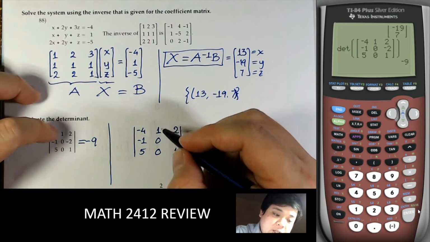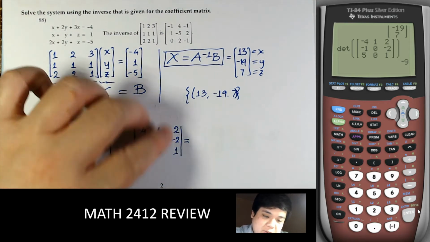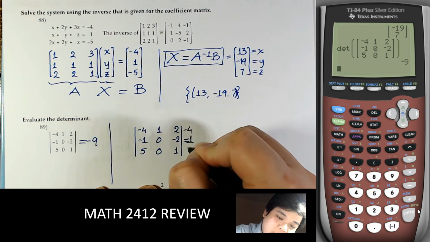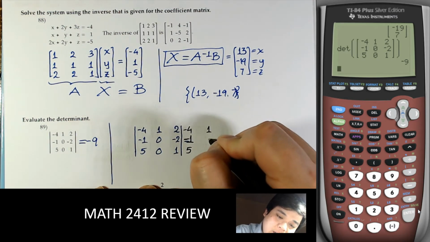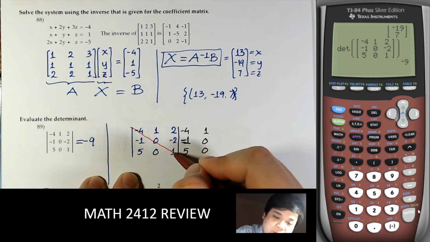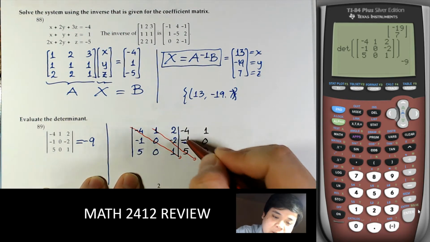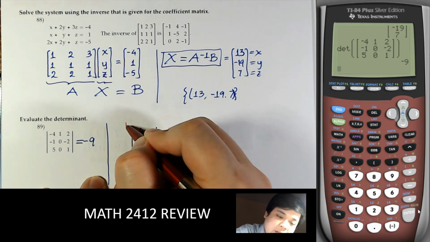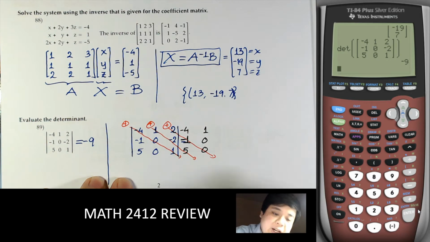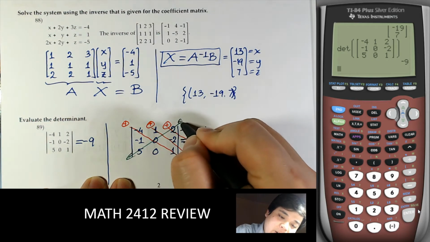So what I'll do is copy the first two columns. So copy -1, 4, -1, and 5, 1, 0, 0. And then we will have 3 diagonals. 1, 2, 3. This diagonal will carry the positive sign, and then the other 3 carry the negative sign.